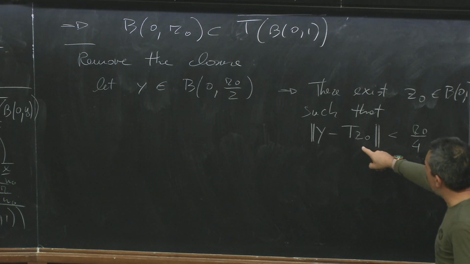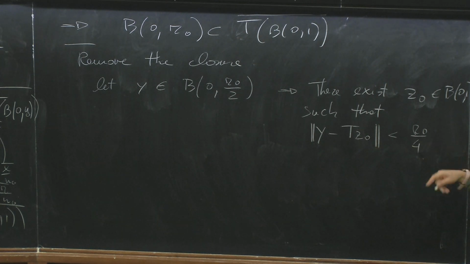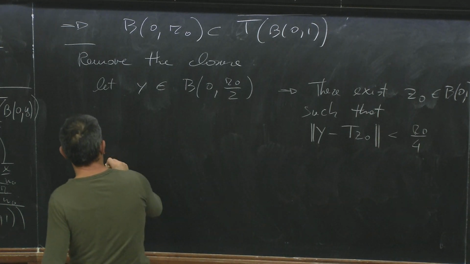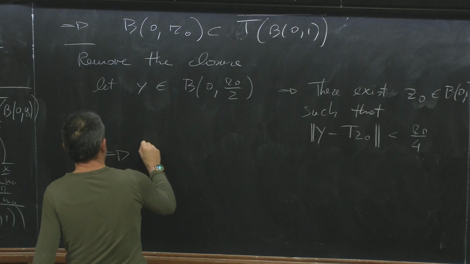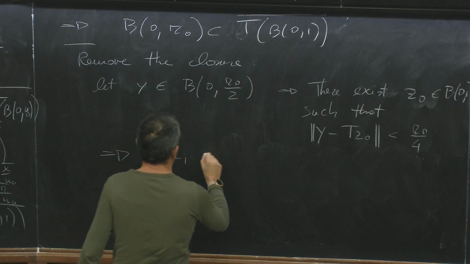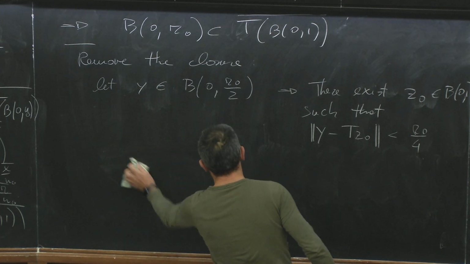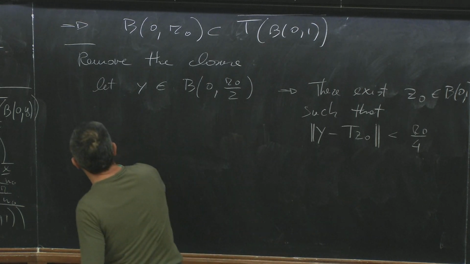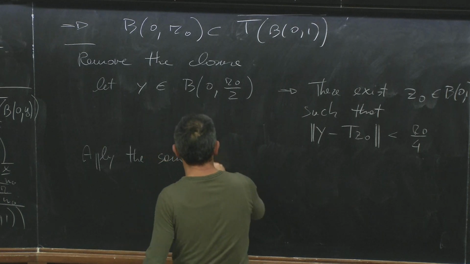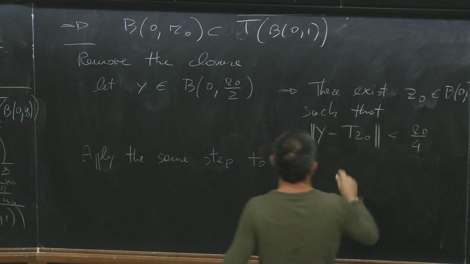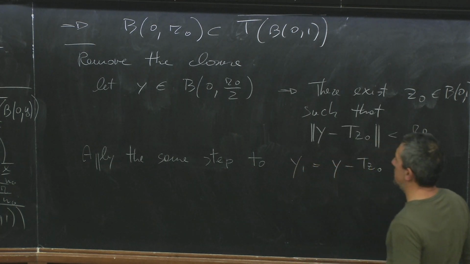So now I get a point whose distance is r0 over 4, so I can repeat the same step, applying it to y1 = y - Tz0.